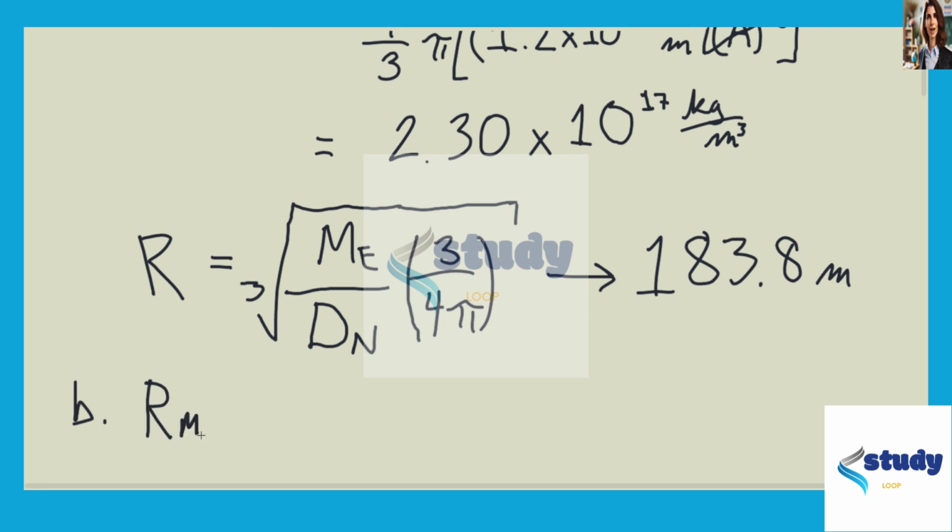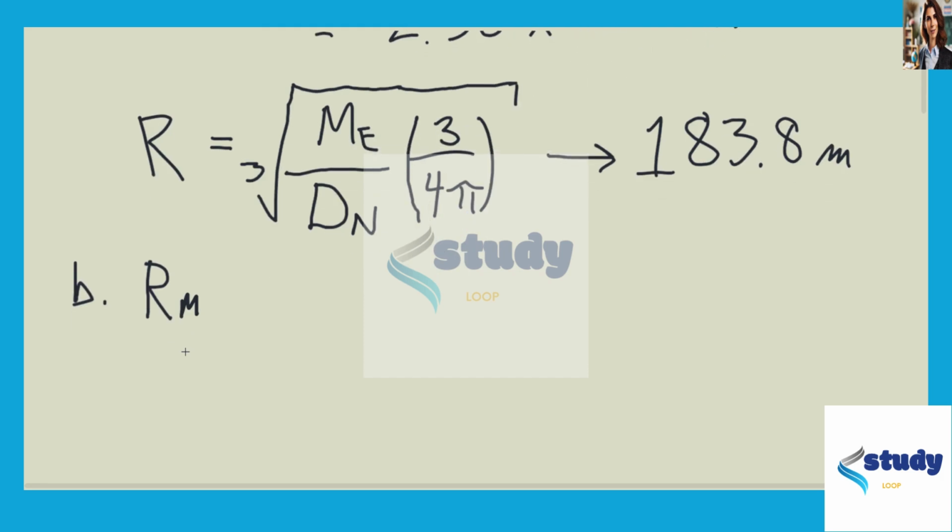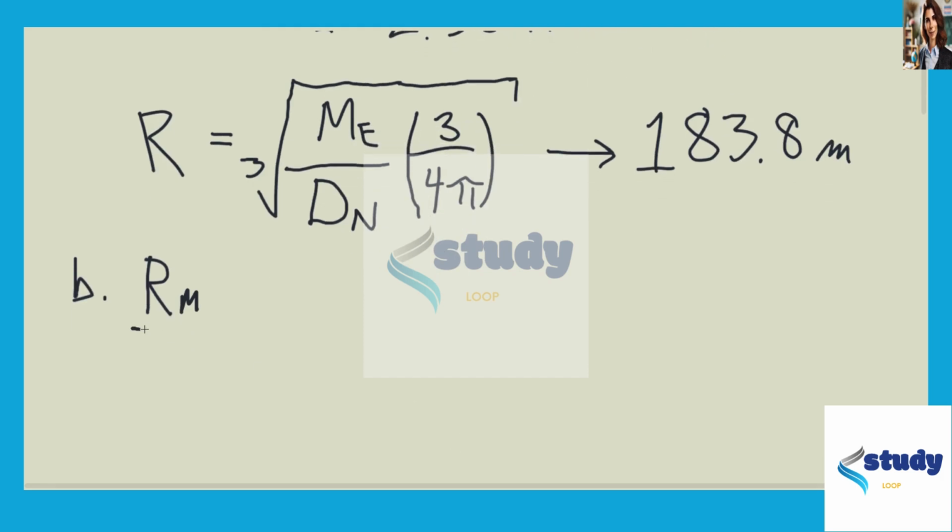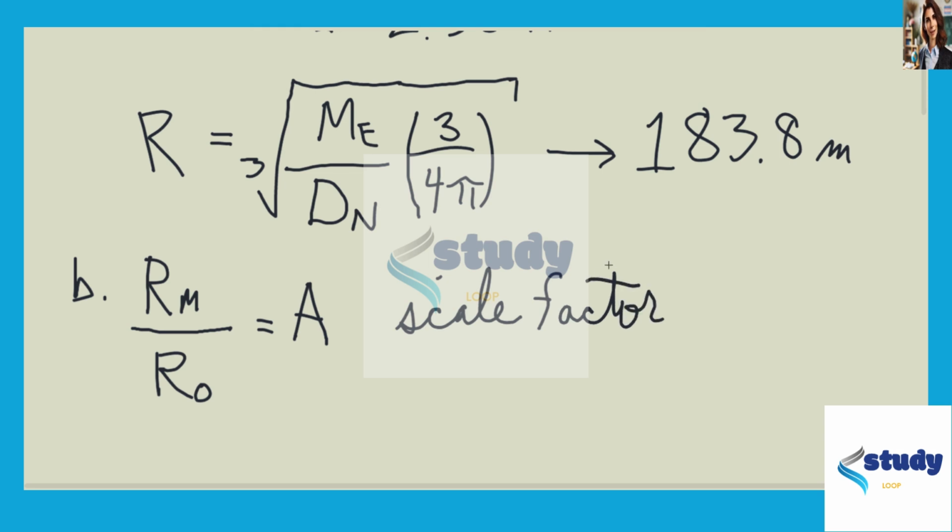I'm going to express it this way, that we're looking for this modified radius. This is the radius that results with a different density as compared to the original radius. This proportion is going to be a constant factor that we're going to call A here. I'm just going to call that a scale factor. That is what we're after.